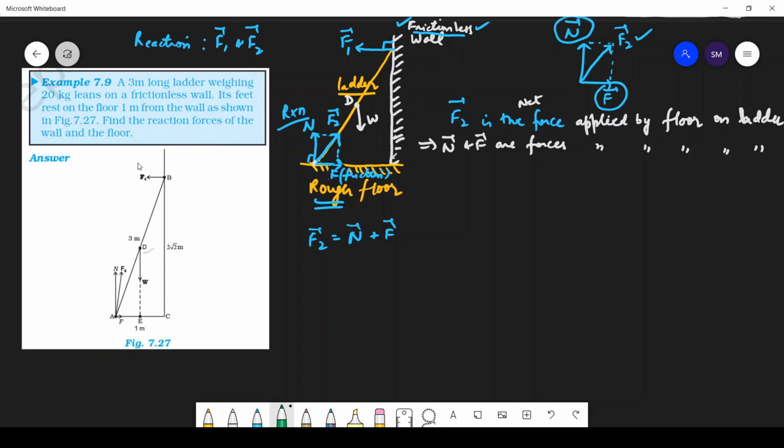We started with F1, force number 1. F2 is resolved in two components, so you can take the frictional force as force number 2, the normal force as force number 3, and the weight as force number 4. So here also you have 4 forces.